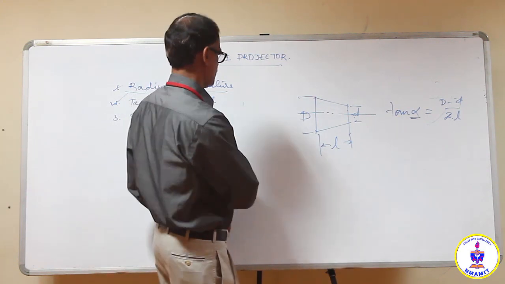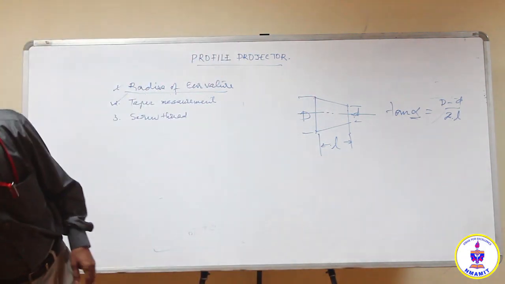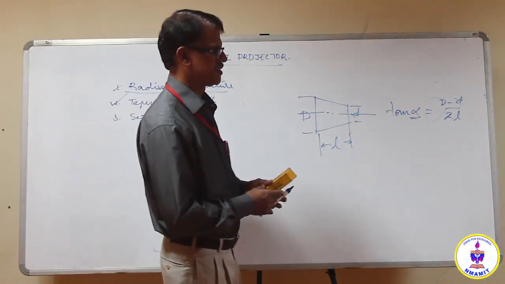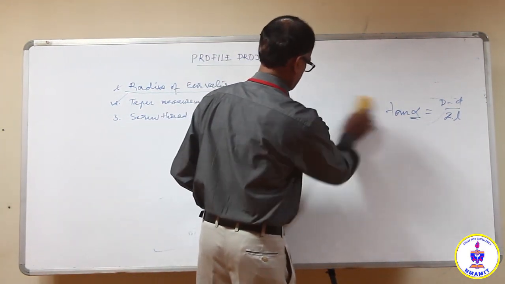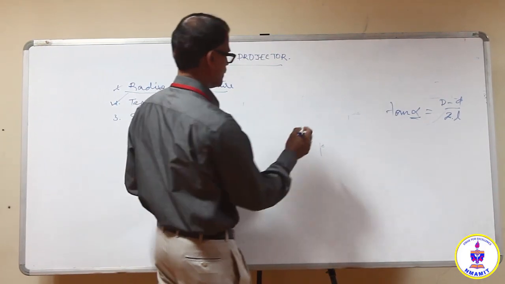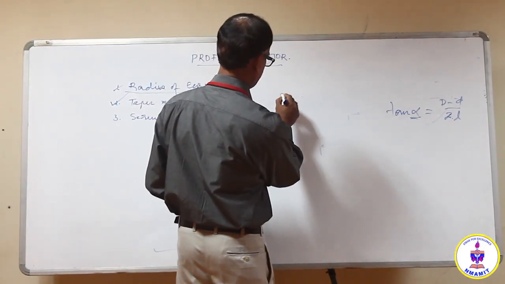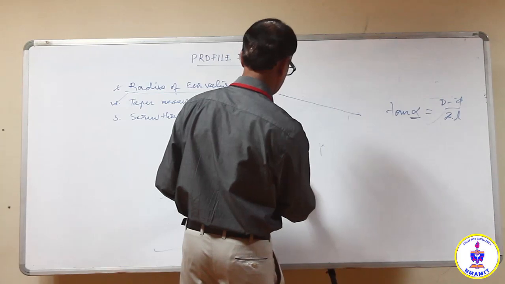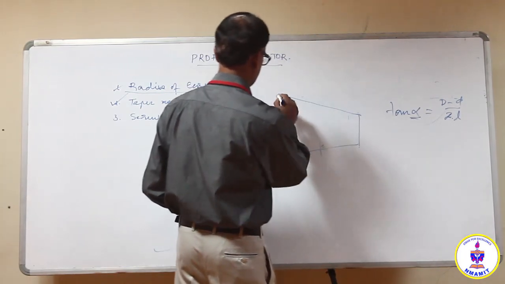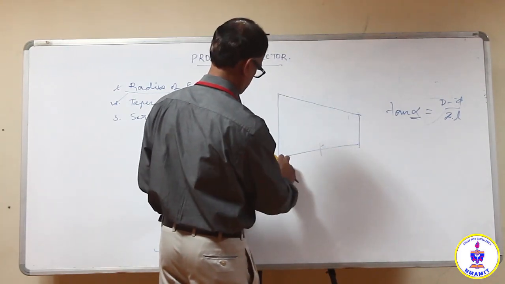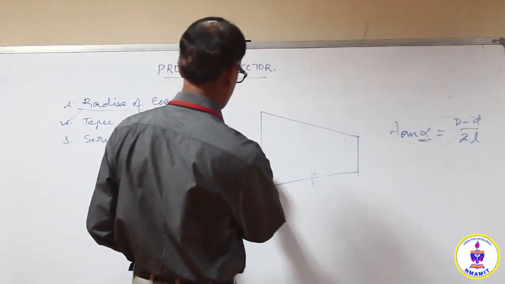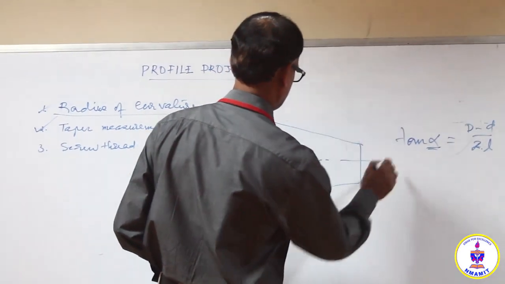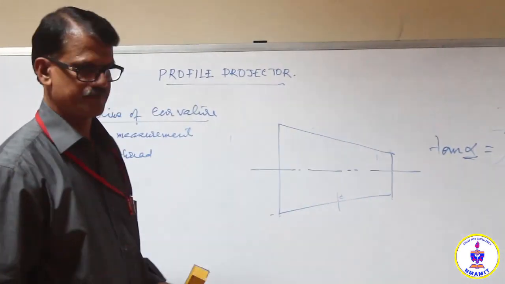So in that case, on the profile projector, mount this conical specimen between centers and get the enlarged shadow of the specimen here. It is something like this. So this is the shadow obtained between centers.